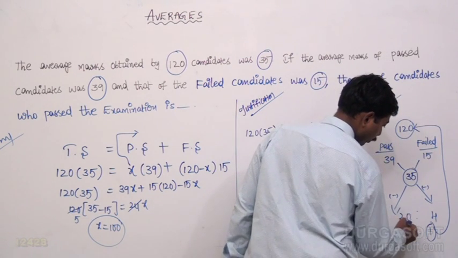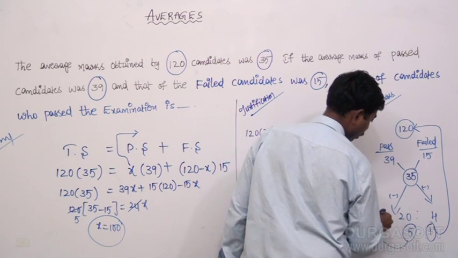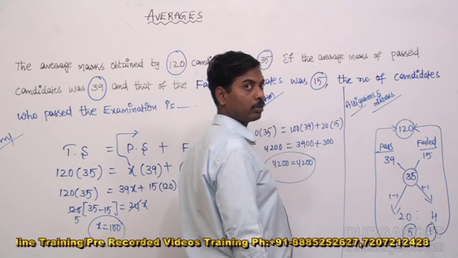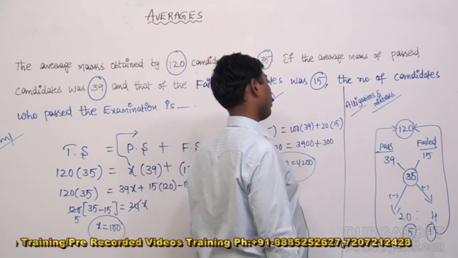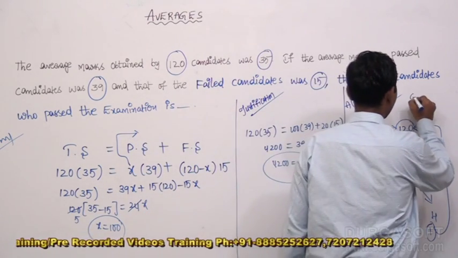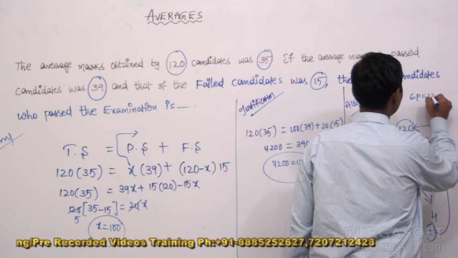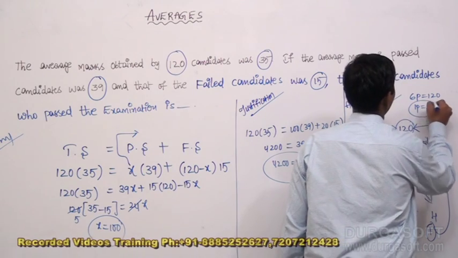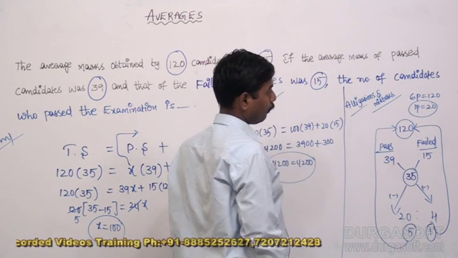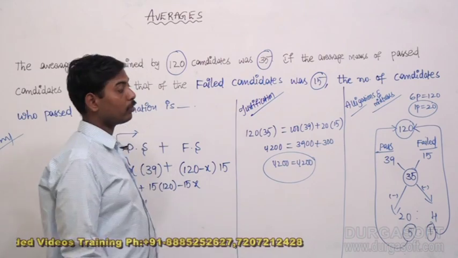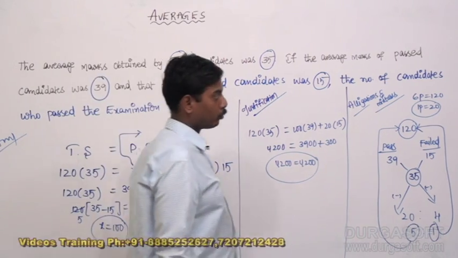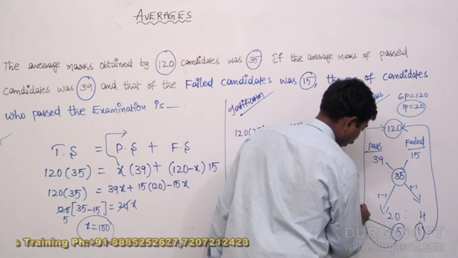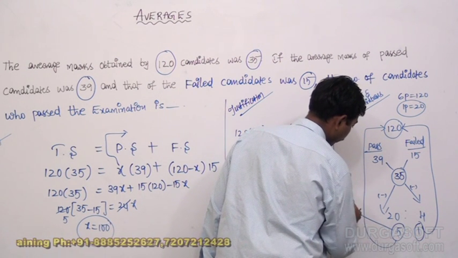Total how many parts? 6 parts. So 6 parts equals 120, which means 1 part equals 20. One part equals 20, so 5 parts equals 100. Like this also we can do it, my dear guys.